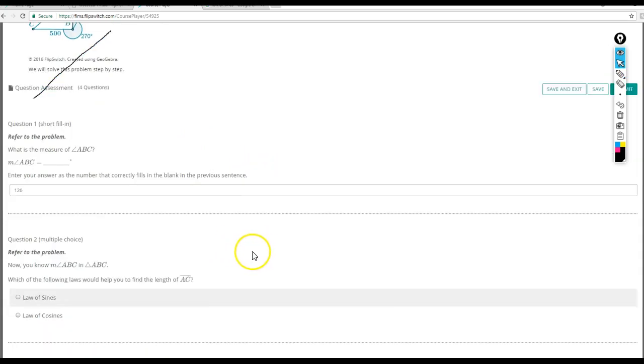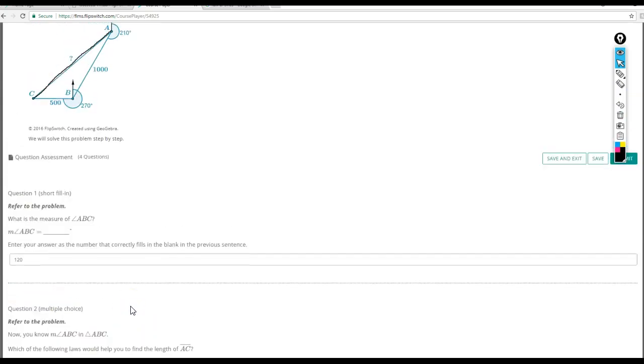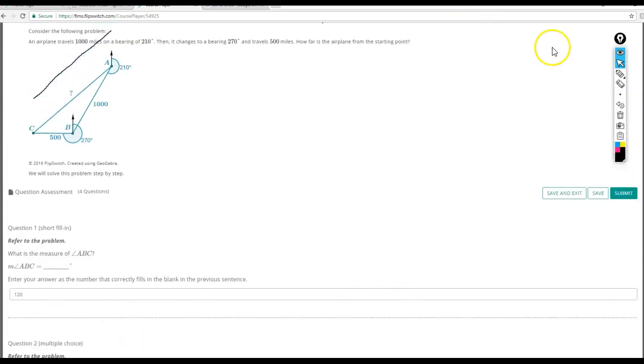So in order to determine which one I need to find that length, I've got to find out what is given. So I know a side length, and one angle. And this angle is 120.